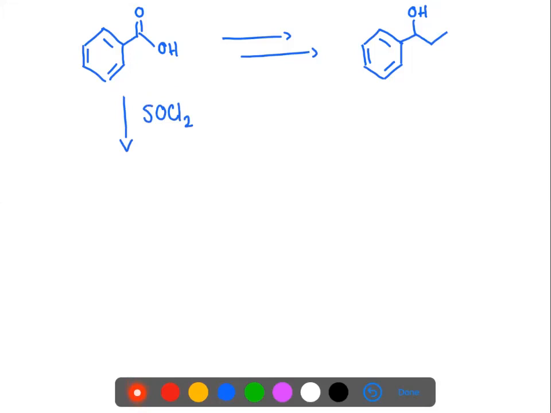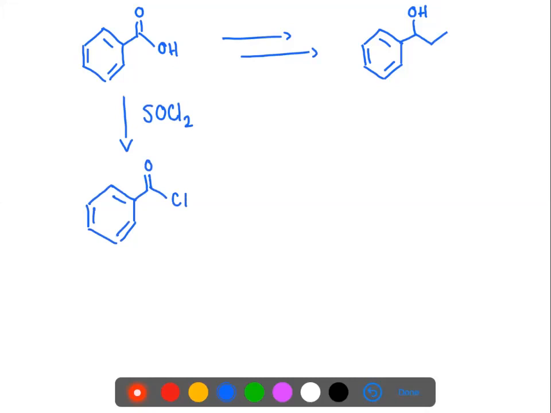And so using thionyl chloride in this example to react with benzoic acid will give us our corresponding acid chloride, our benzene carbonyl chloride.